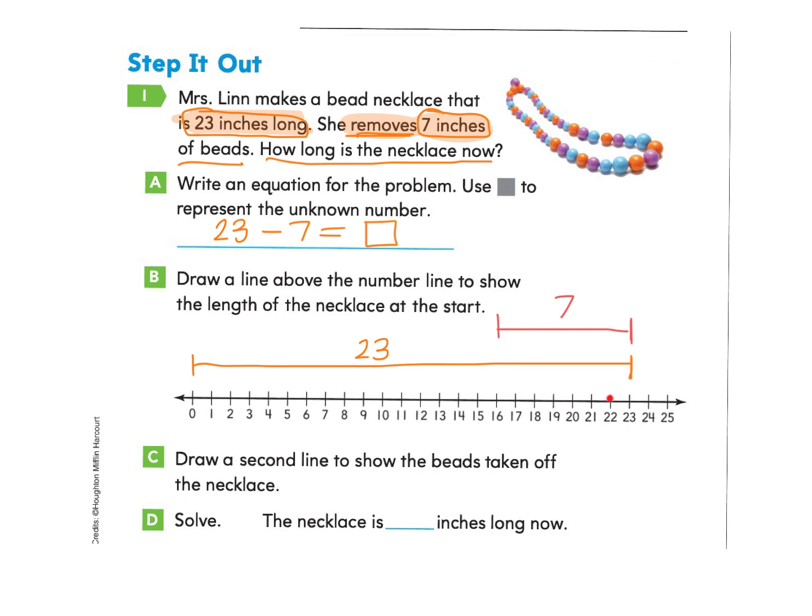You can check that 1, 2, 3, 4, 5, 6, 7 right here. So we make a line, the number 7. Now we have solved our problem because we have taken 23 and then taken away 7. And when we do that, we end at the number 16. So the necklace is 16 inches long now.